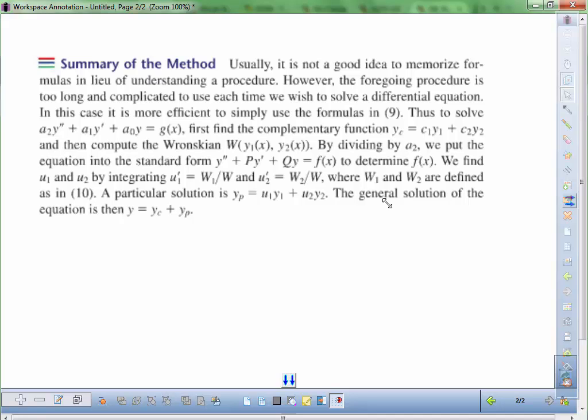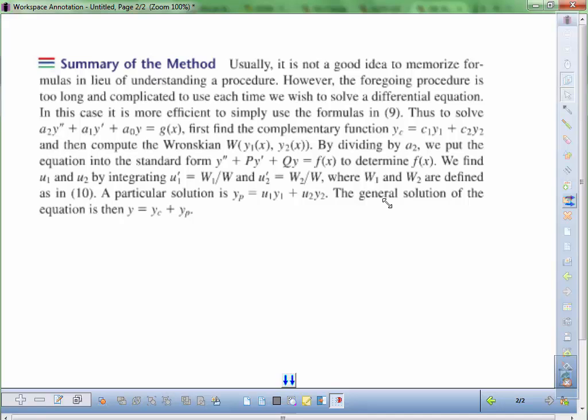However, the foregoing procedure is too long and complicated to use each time we wish to solve the differential equation. In this case, it's more efficient to simply use the formulas to solve the differential equation.